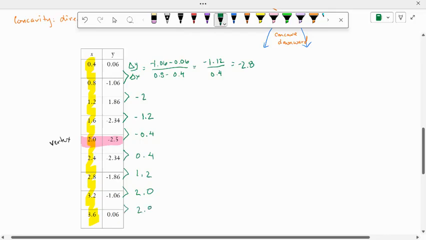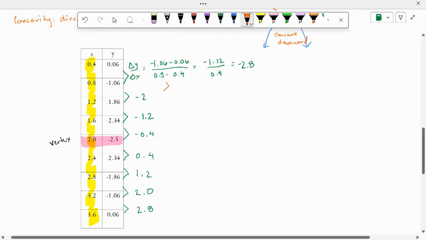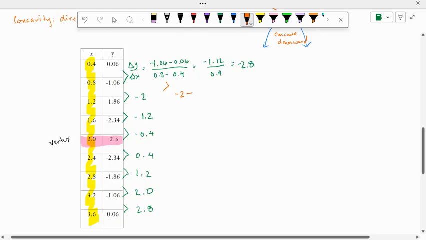2.0, and 2.8. And like we said before, if our average rates of change are linear, that would mean the rates of change of my rates of change are constant. If I take negative 2.8 and subtract it from negative 2, I get an increase of 0.8.